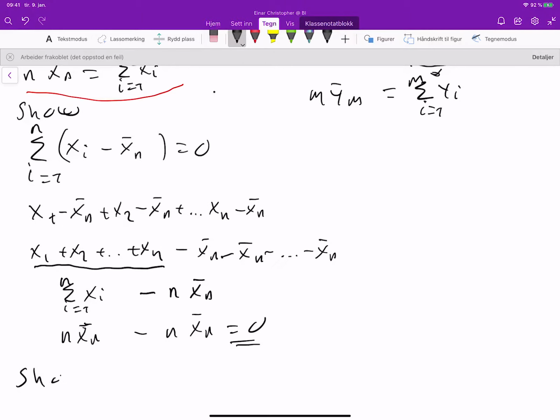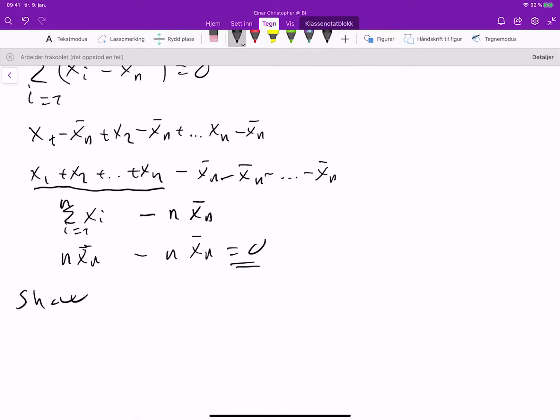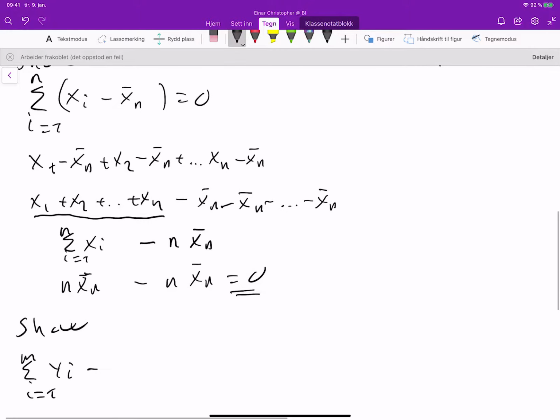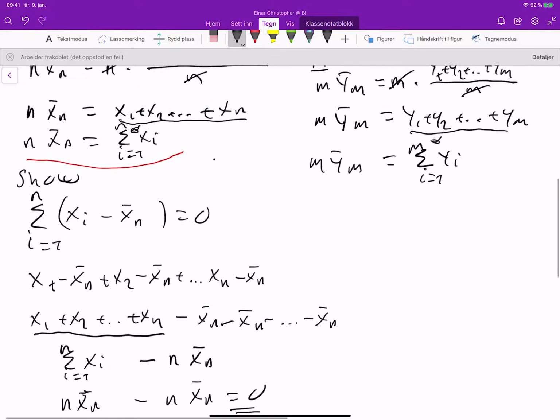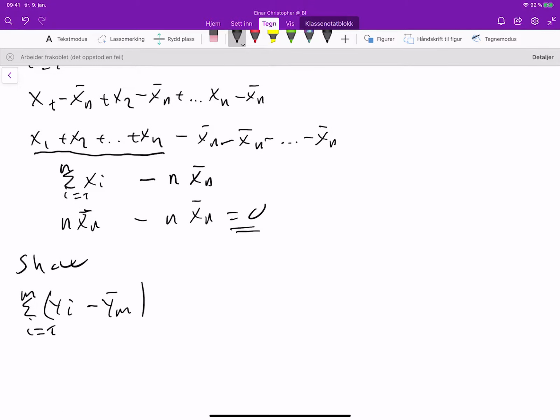And likewise it will be when we are going to show that the sum i equal 1 to m yi minus y bar m is equal 0.